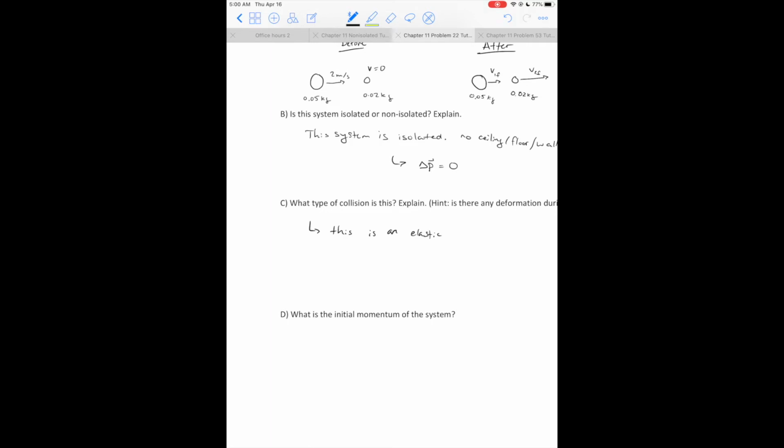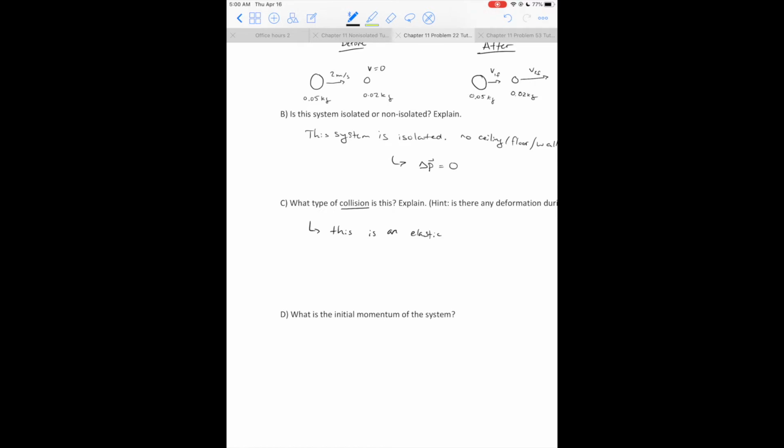And I know what you're thinking, or I assume some of you are thinking, wait a second, marbles aren't elastic. They don't stretch and reform. But reminder that we're talking about the collision, not the actual object itself.